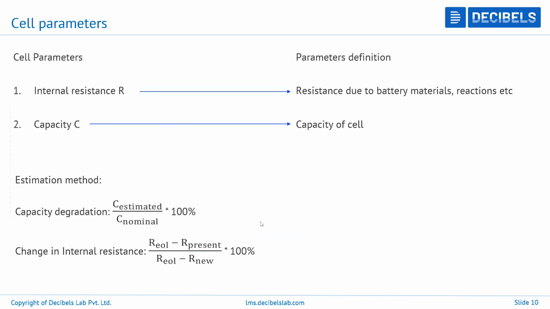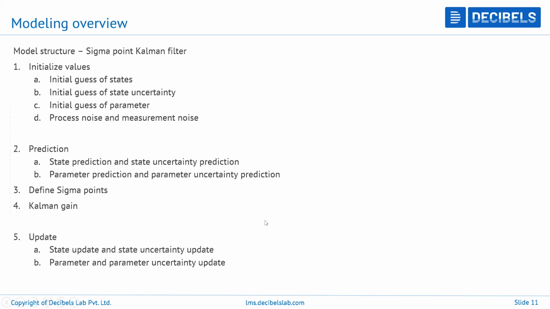Okay. So this is the model overview, just a brief verbal description. After this, we'll be going into the model, right? So model structure, it starts in the same way. It starts with some initialization values where we are providing initial guess of the states, initial guess of the state uncertainty, initial guess of the parameters, along with the parameter uncertainty and also noise.